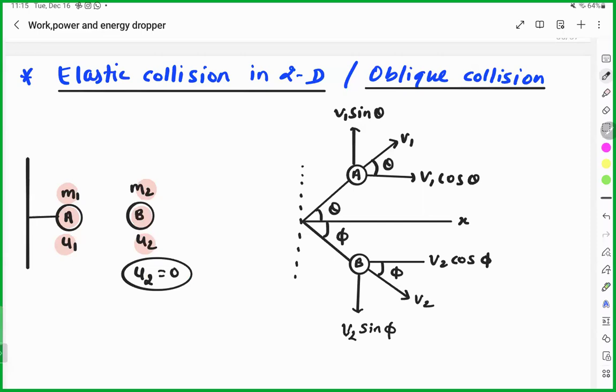So you have to consider two components, cos theta and sin theta. Exactly the same thing you did in linear momentum conservation also, like a bomb blast. Bomb explode. Do you remember, guys? Yes, sir. Exactly, you have the same thing here.